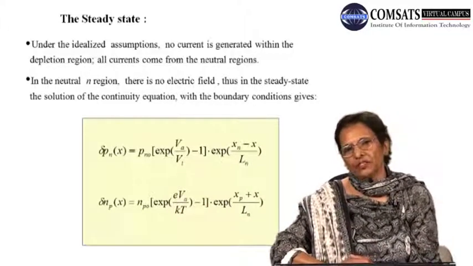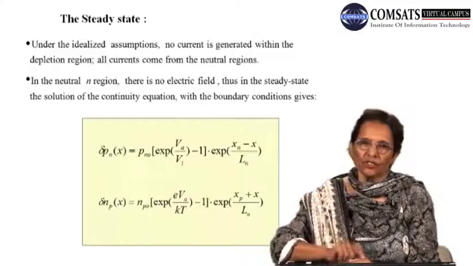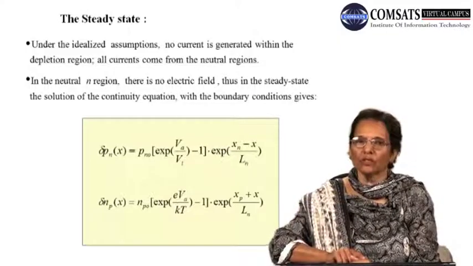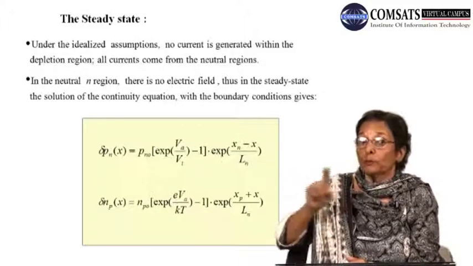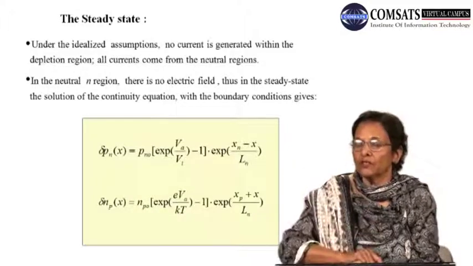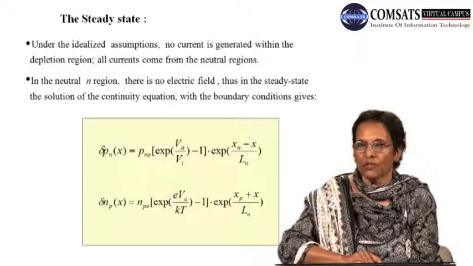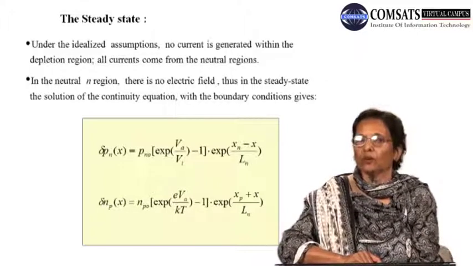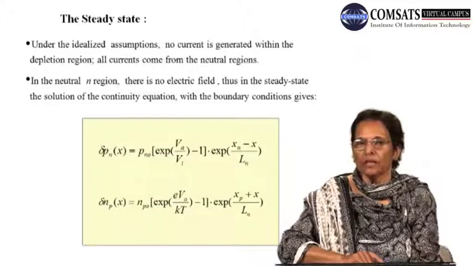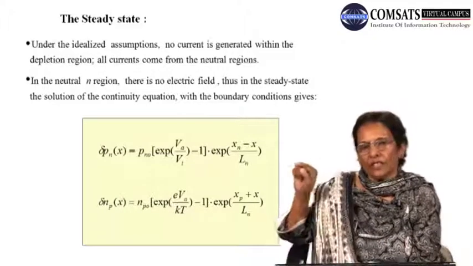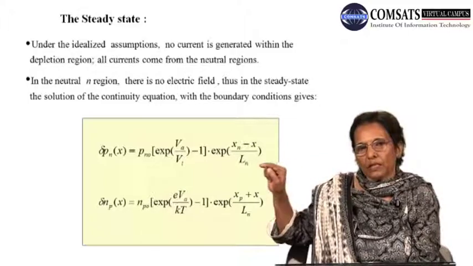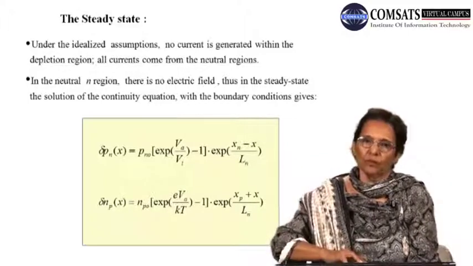Now this injected carrier concentration does not remain constant when the carriers diffuse. Mind you, I'm using the term diffuse because there is no electric field in the bulk of the P side, the P side being neutral. So these injected carriers now start diffusing across the P side of the region.